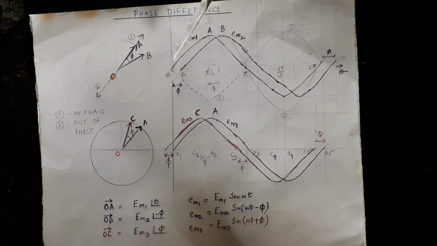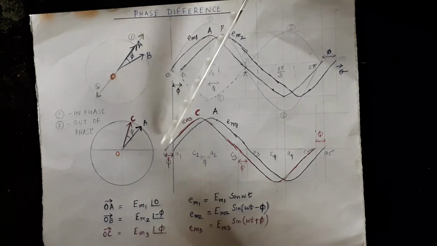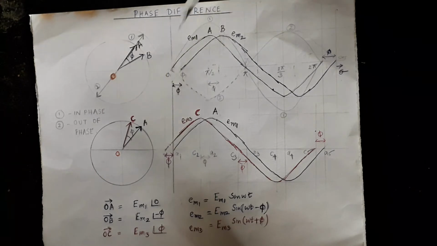Suppose instead of e1 we take e2 as reference, then e1 will be leading e2 by an angle of phi radians. So both are the same. Two quantities are said to be in phase if both start at the same time and reach the maximum value at the same time.